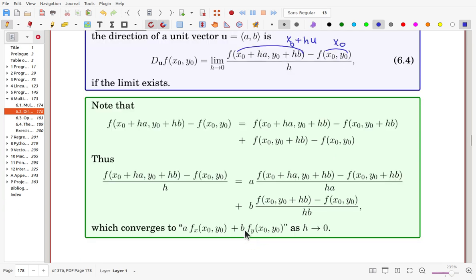Now, if we look at the quotient as h approaches 0, we can see quite easily.